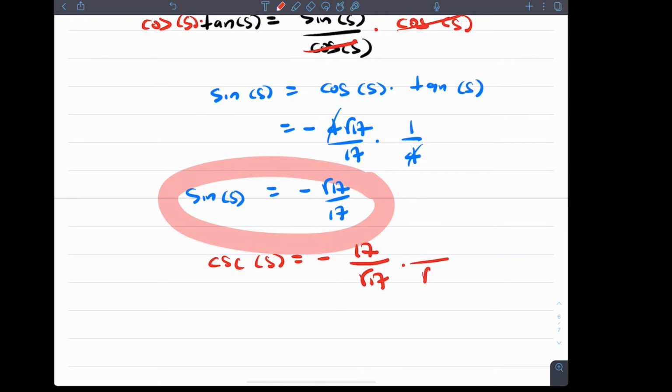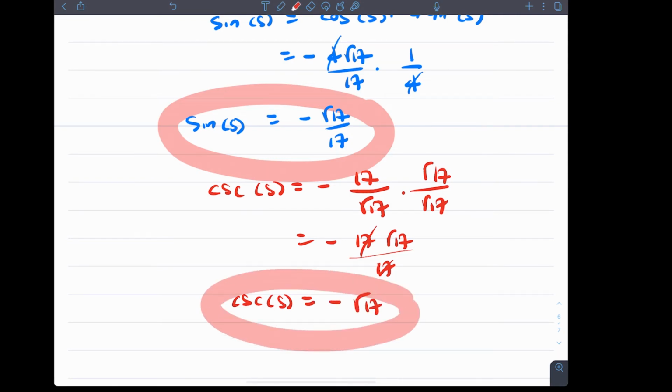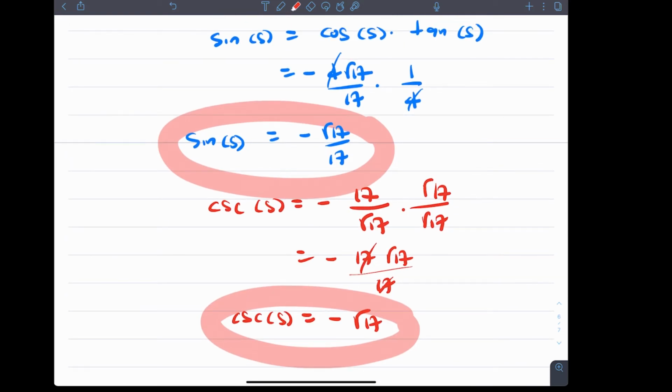But you have to rationalize the denominator. Okay, so it's negative 17 square root of 17 over 17. Or we say cosecant is negative square root of 17, ladies and gentlemen. So you're going to use those particular identities, right?